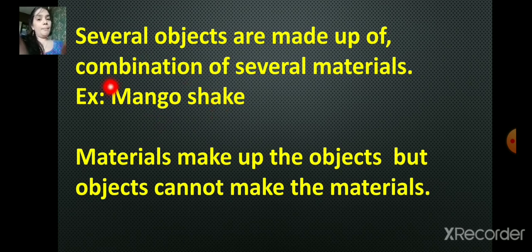We need mango, sugar, water or milk, glass. So all these several objects are made up of a combination of several materials. So many materials are required to make the mango shake. So materials make up the objects, but objects cannot make the materials.